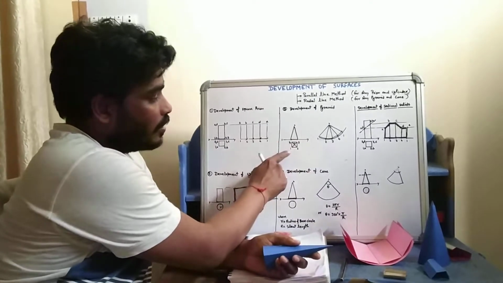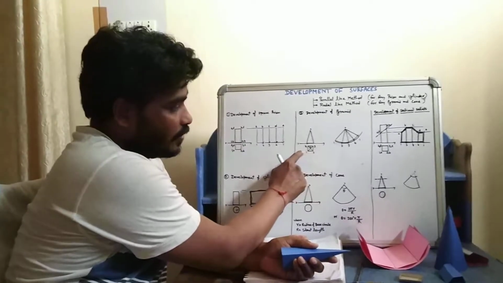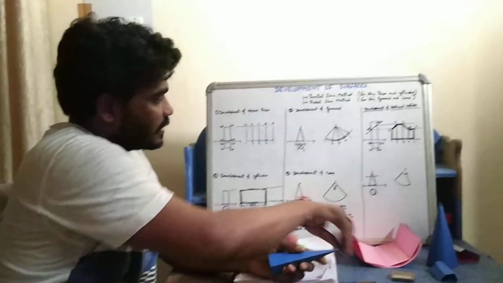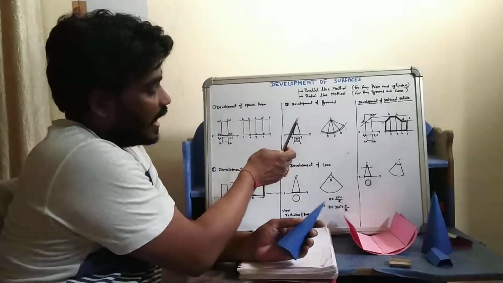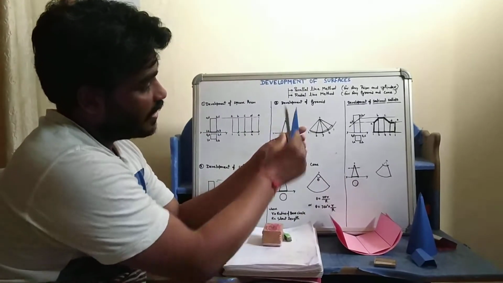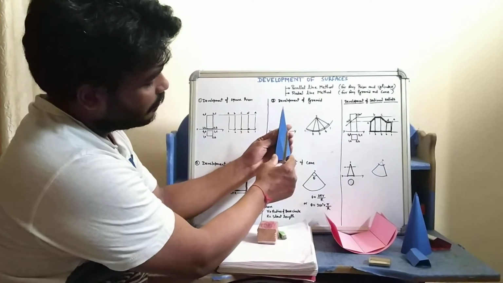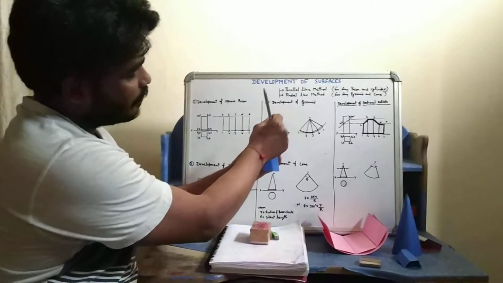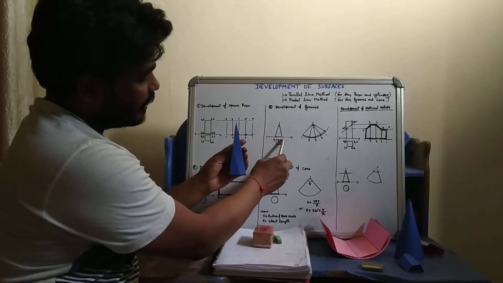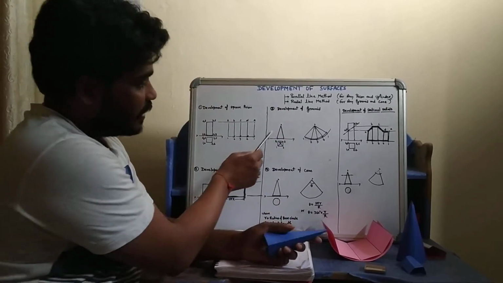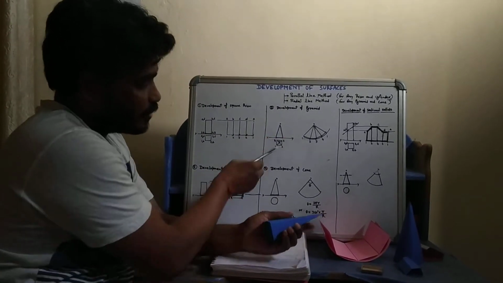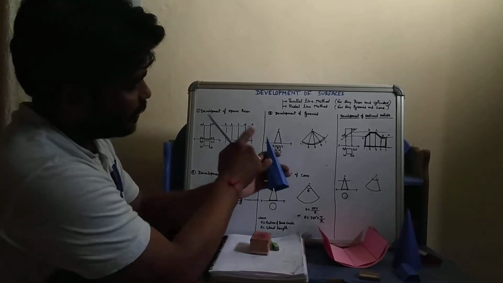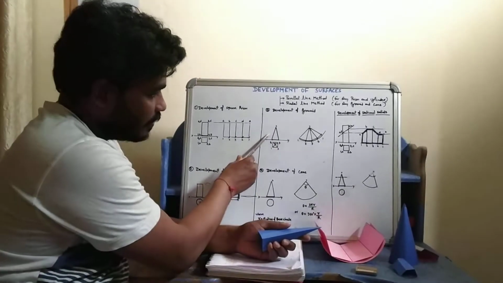If you draw the top view of the pyramid, you will get this type of shape. And if you draw the front view, you will get this face. So this is the front view and this is the top view of a square pyramid.